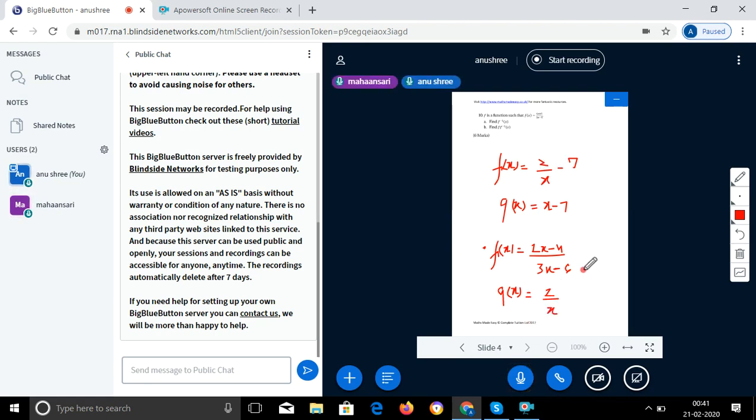So these two questions and one question, the previous one, okay? These three questions you have to solve. That's for homework. Okay. And in the next class we'll do the inverse functions. But first practice these questions, then you'll be able to solve the inverse questions, okay?